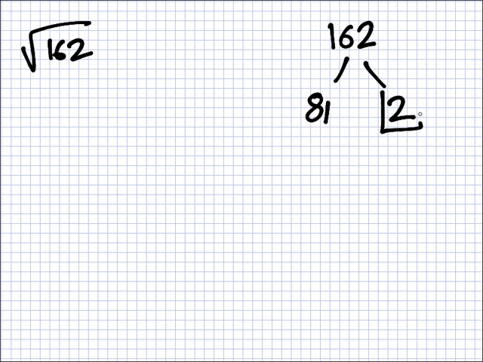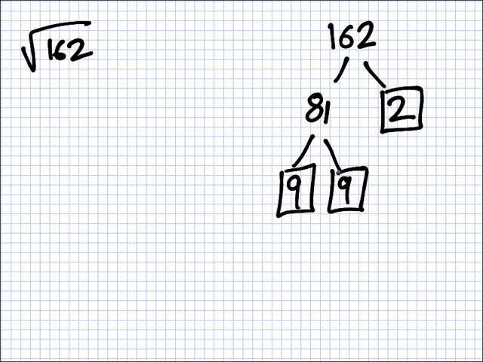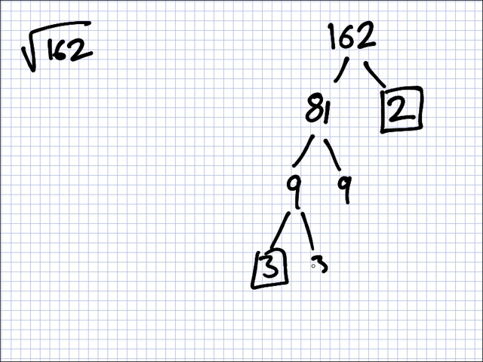Now, we're kind of finished with the 2 because there's nothing else to do with that. What about 81? 9 times 9 then. Okay? Hey, concentrate now. 9. Oh, sorry, I'm not finished with 9, because 9 I can break down again. 3 for each of them.